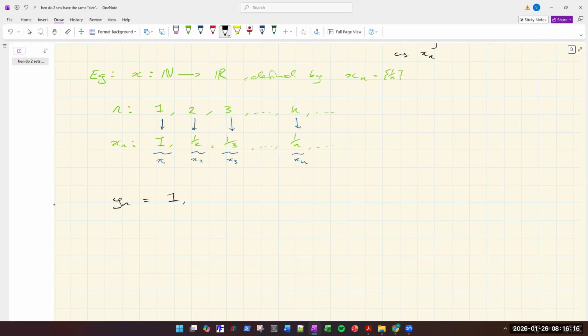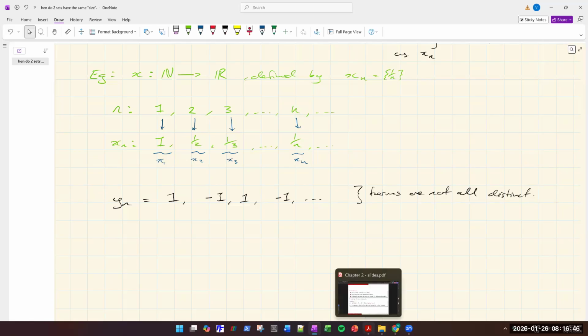It goes 1, minus 1, 1, minus 1, and so on. Notice that these terms are not all distinct. The terms are being repeated. So a distinct sequence means all terms are different.